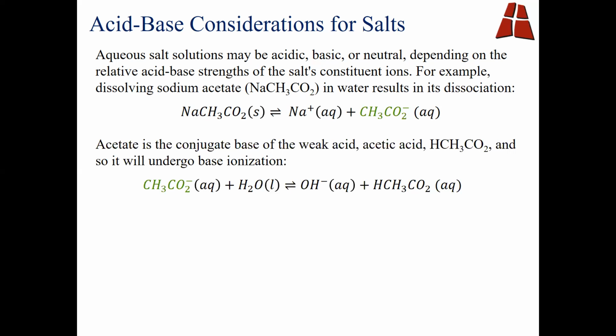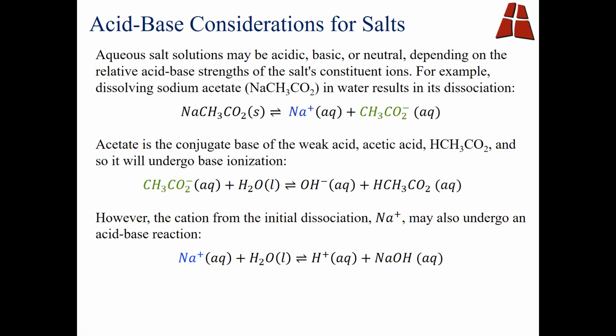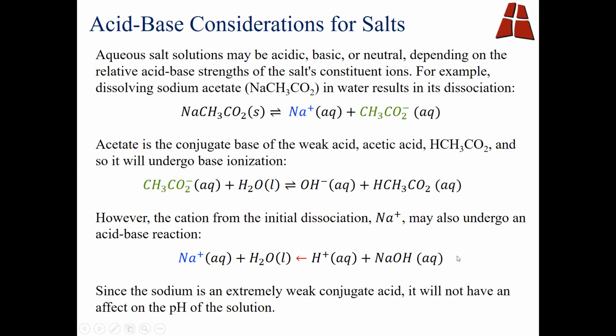So it will undergo an ionization reaction with water to form hydroxide and acetic acid, where acetic acid is now our conjugate acid, right? And we also have the cation, sodium, which we know is the conjugate acid of a strong base, sodium hydroxide, meaning again that our reaction will entirely favor reactants for this situation.